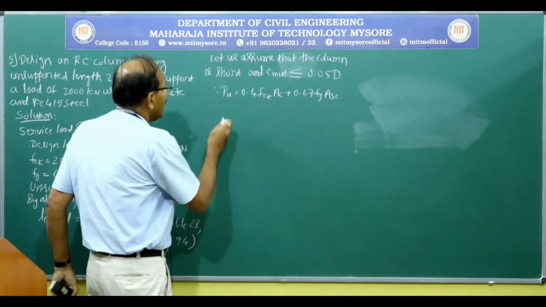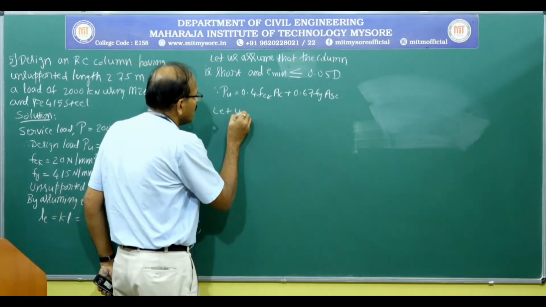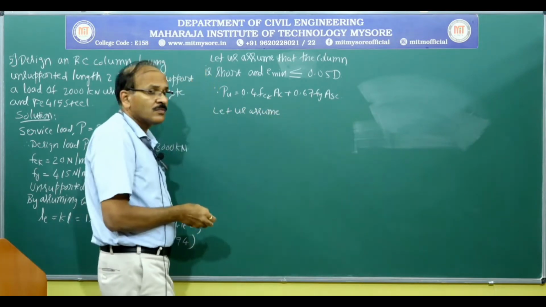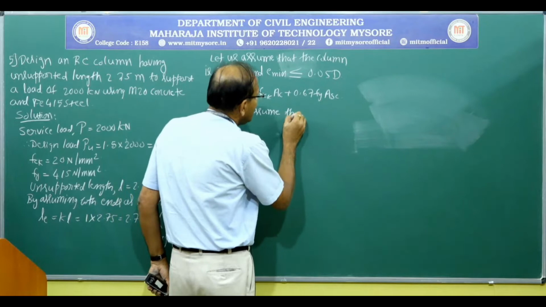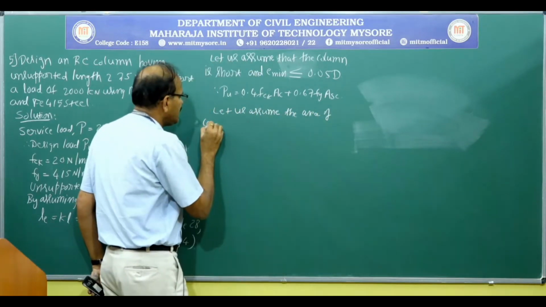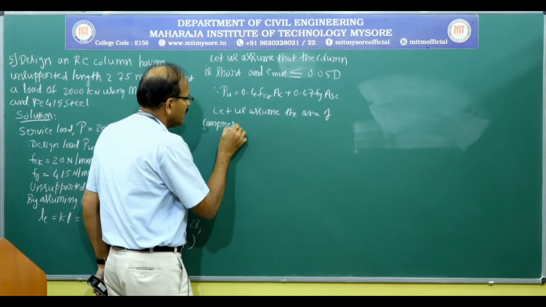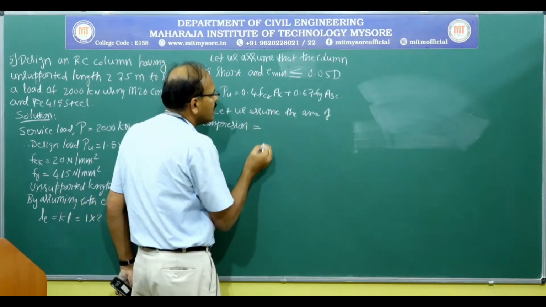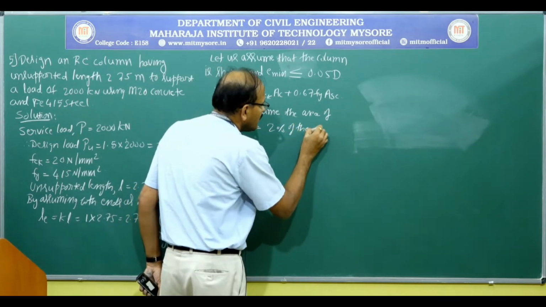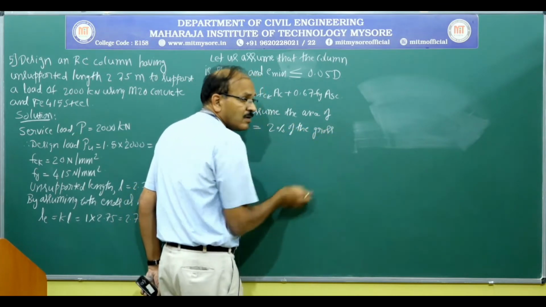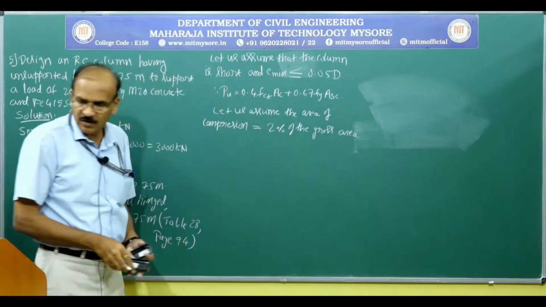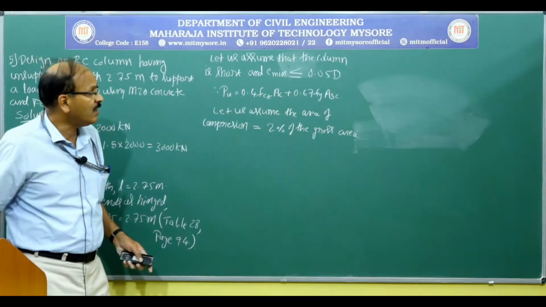So let us assume the area of compression steel equal to 2% of the gross area of the column.